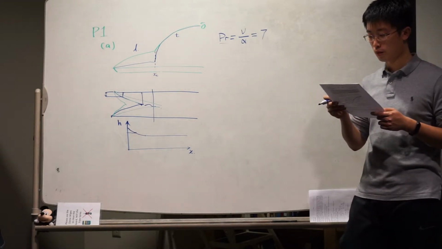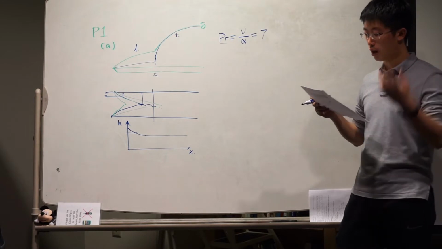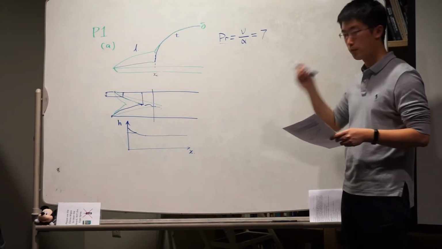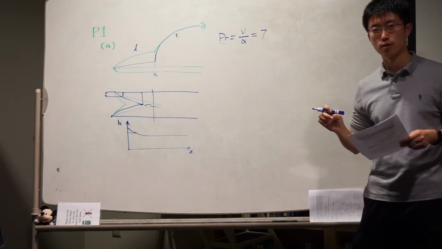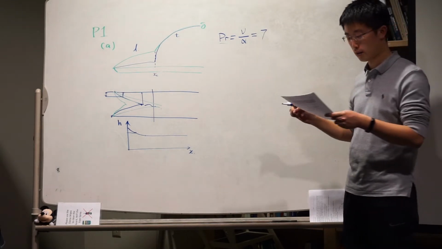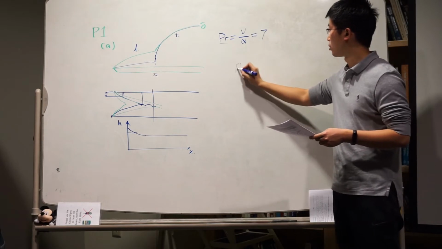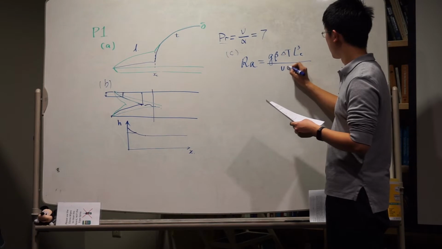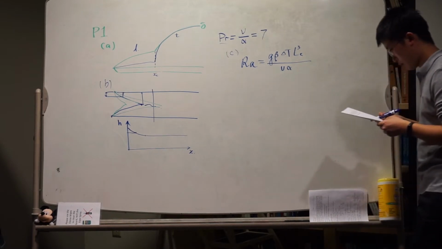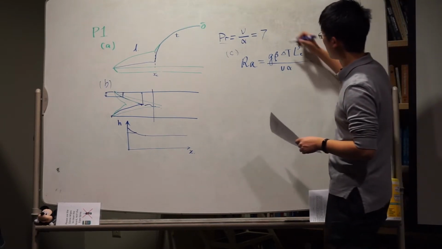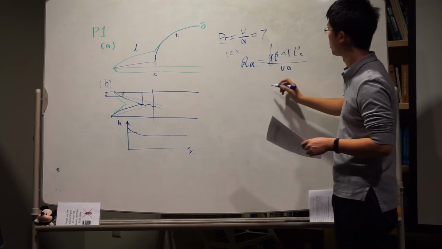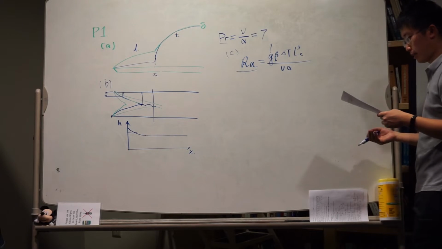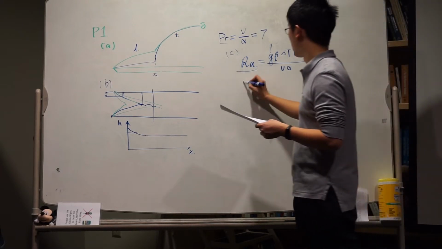So the problem says the other planet has a gravity smaller than the Earth, which means in the same scenario, free convection is weaker. And of course we can write down the equation, and we can first look at the Rayleigh number. Everything else is the same, only this one differs. So the Rayleigh number of that planet is smaller, and the Nusselt number will also be smaller.